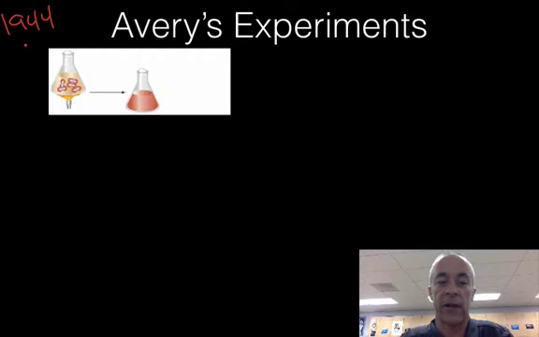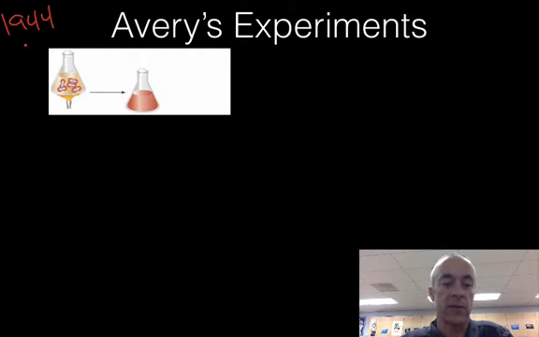And so several years later, in the 1940s, 1944 to be exact, another group of scientists led by a scientist named Oswald Avery decided that they wanted to take this experiment that Griffith did and take it a little bit further and confirm the results, because people still didn't believe that it could be DNA that led to inheritance.